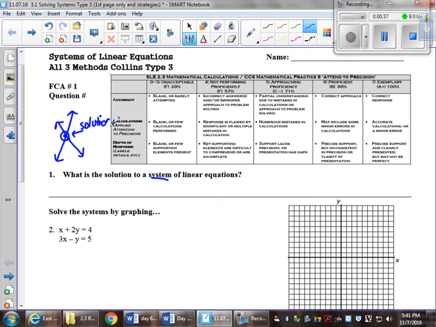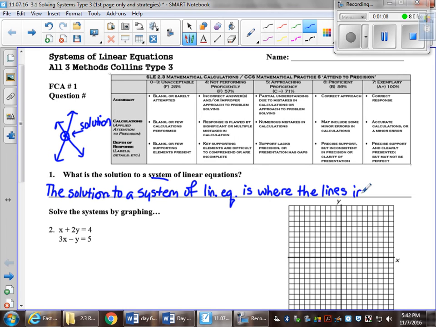So it'd be nice to get a picture and words. So the solution to a system of linear, and I'll abbreviate, linear equations is where the lines intersect, that point of intersection.